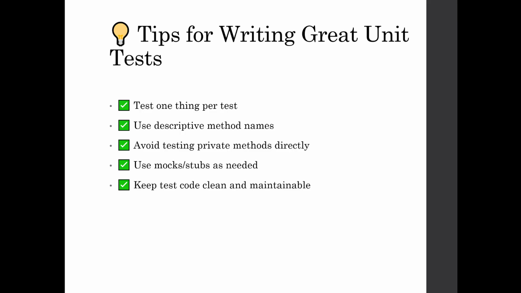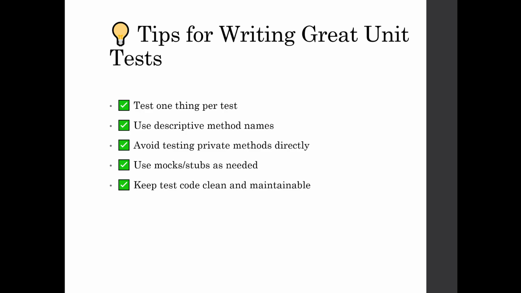We want to use descriptive method names like I showed in the example. This helps clearly explain what is being tested and helps you not lose which of your unit test methods go with different functions, just for your own sanity. We want to avoid testing private methods directly.